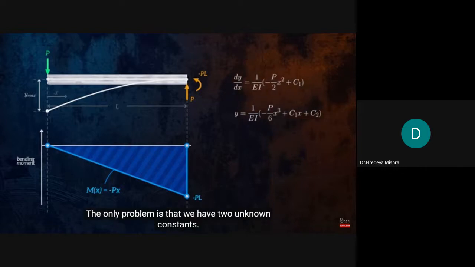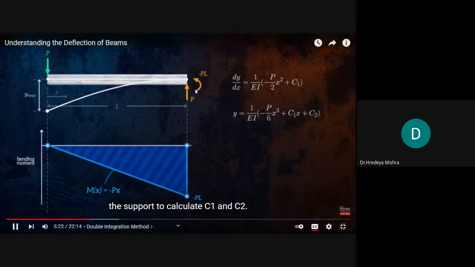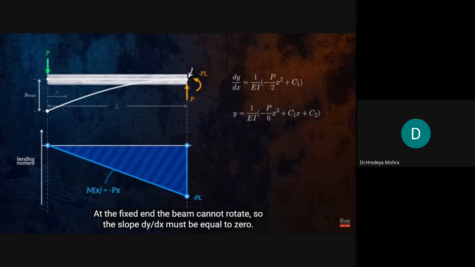The only problem is that we have two unknown constants. Fortunately, we can use what we know about the deflection and the slope of the beam at the support to calculate C1 and C2. At the fixed end, the beam cannot rotate, so the slope dy/dx must be equal to 0.